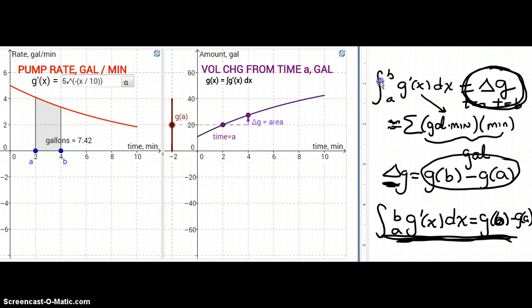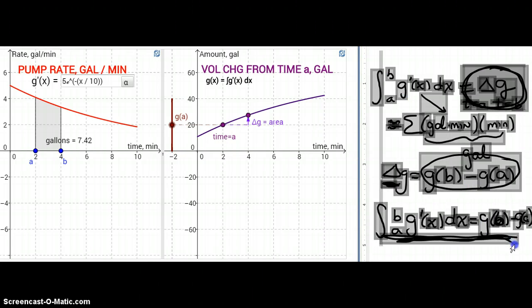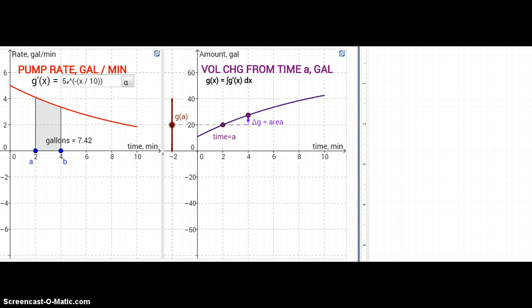Okay, so let's take a look at this. We can erase this stuff. Let's take a look at this in a little bit more general terms. And what this is saying is that the evaluation part of the fundamental theorem of calculus tells us that if we take the integral from A to B of any function f of x dx, the way we evaluate that is to calculate the difference of the endpoints of the antiderivative.